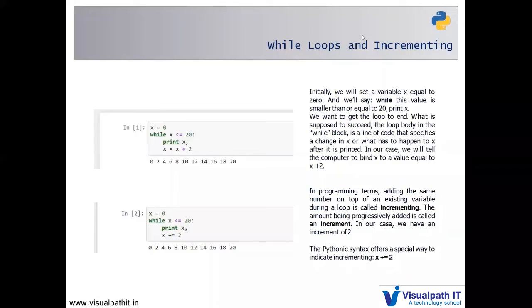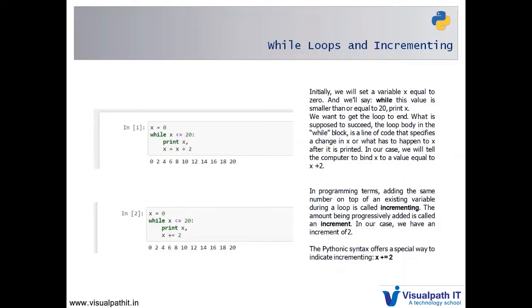Now let us look at another variation of iterations called while loops. So in while loops, we iterate the loop until a particular condition is reached. So we specify the condition in the while statement. In the example here, we are trying to print all the even numbers between 0 and 20.